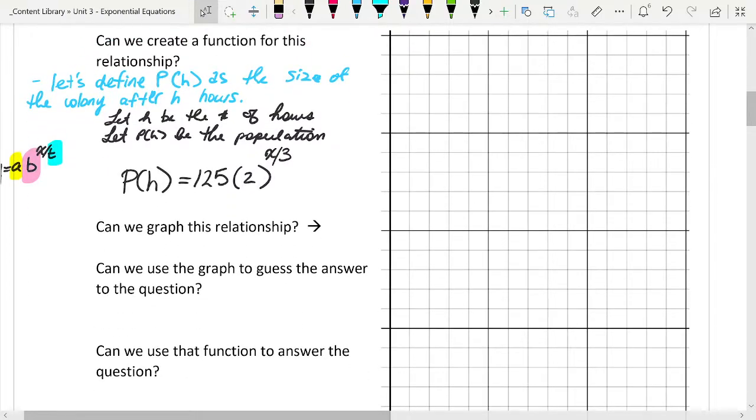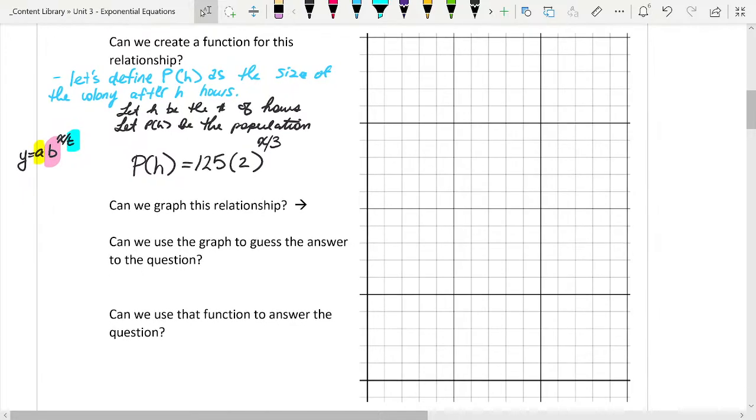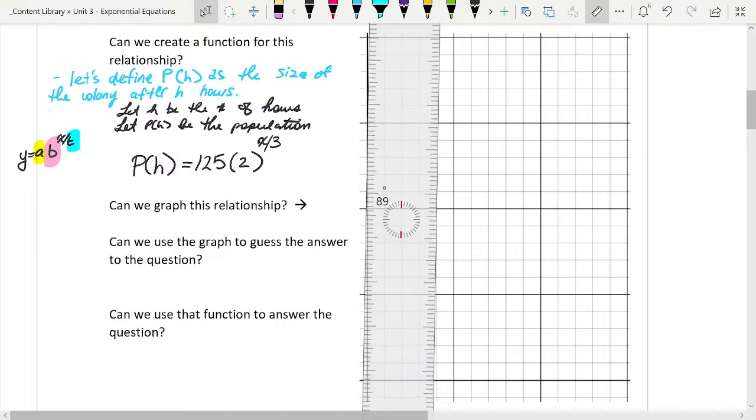Okay. Can we graph this relationship? Graphing exponential functions is kind of clumsy, I find, because that shape doesn't work easily.